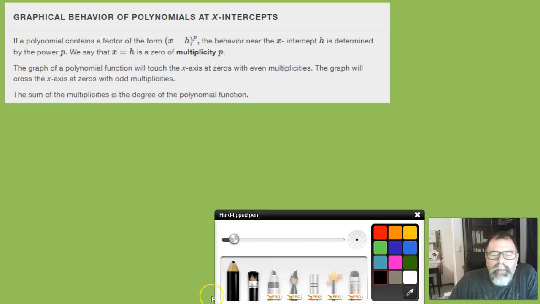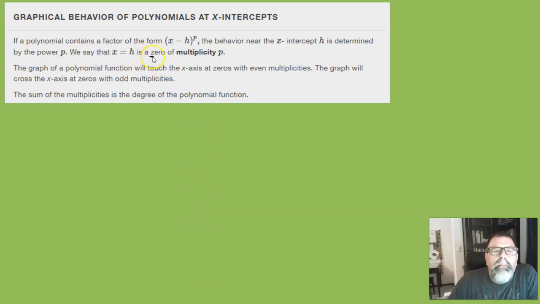So here's the term now: the x-coordinate of the x-intercept is called the zero of the polynomial, and it has a multiplicity of whatever that power was in the factored form. The graph of a polynomial function will touch the x-axis at zeros with even multiplicities, so it will touch it and bounce off. The graph will cross the x-axis at zeros with odd multiplicities.